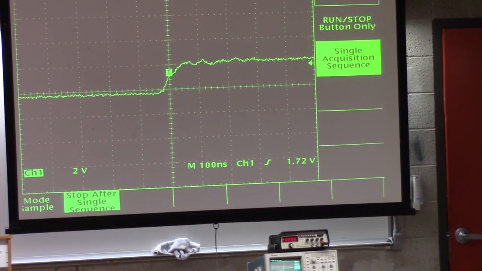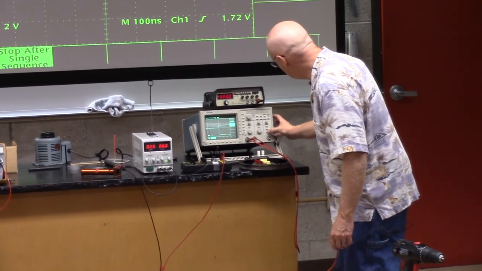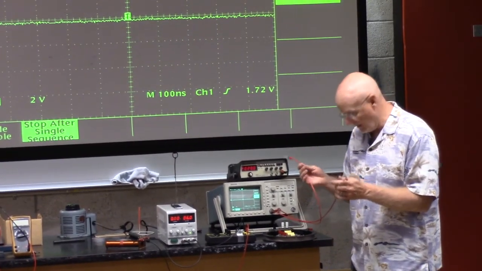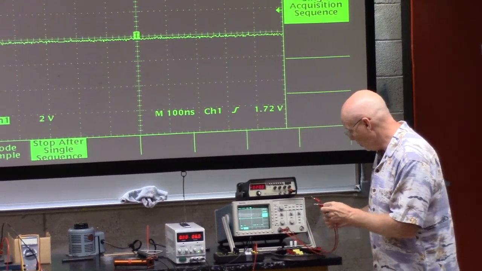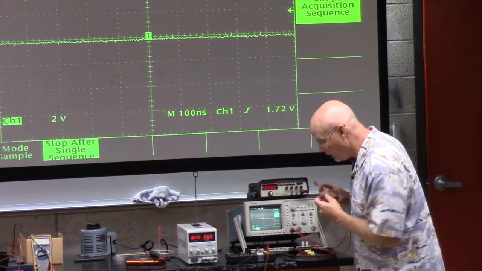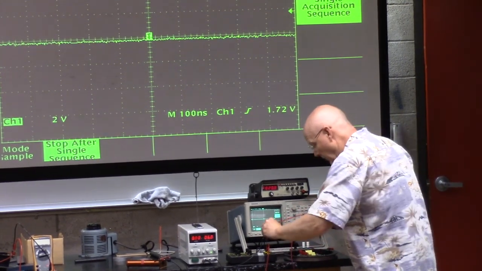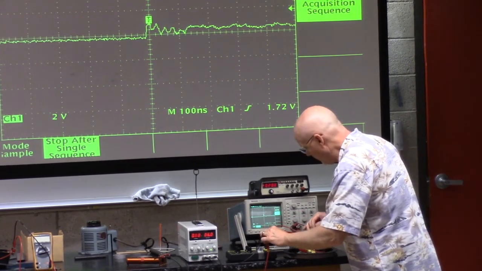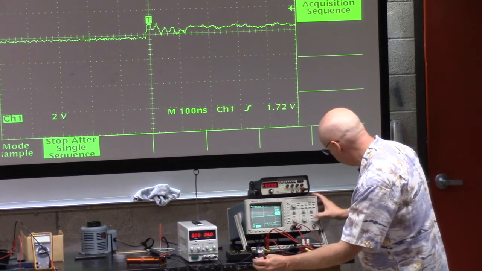And so let me see if we can kind of capture it with this machine here real quickly. And so let's see, I'll hook one wire here and one wire here. Let me disconnect them.